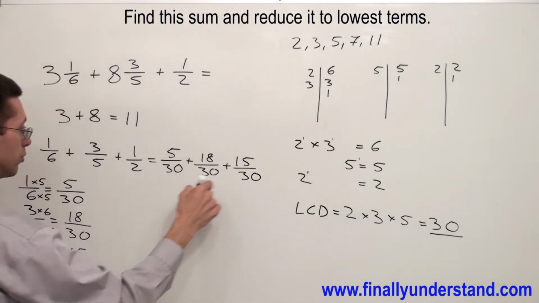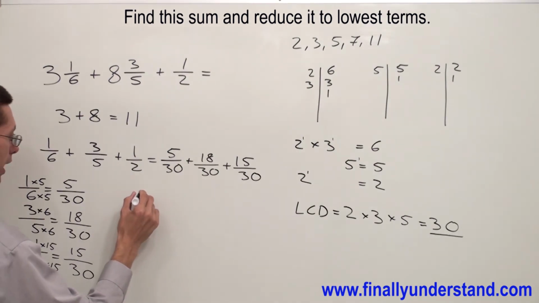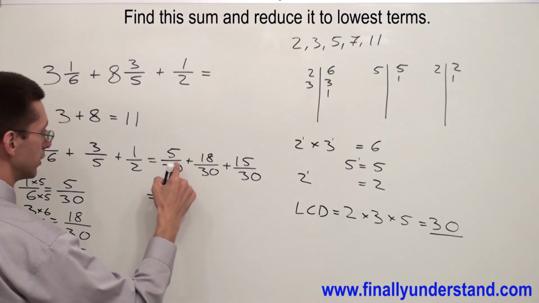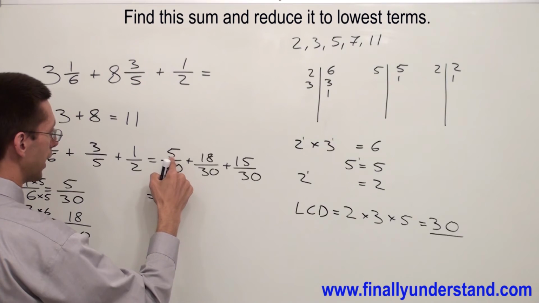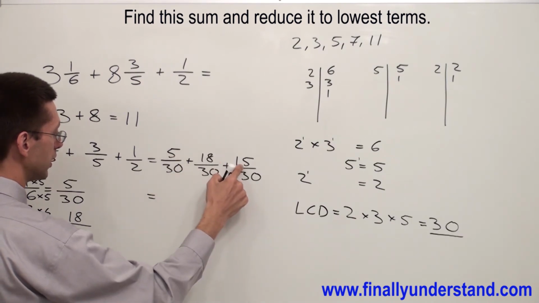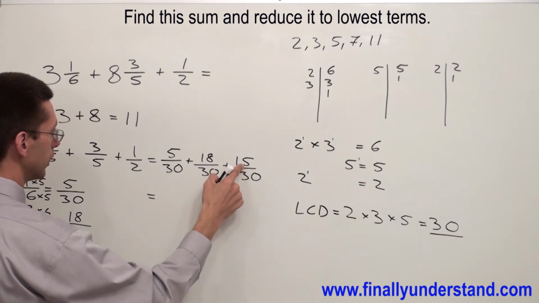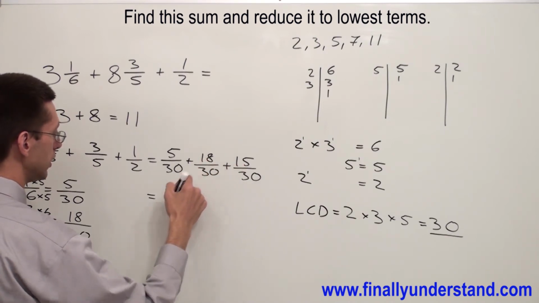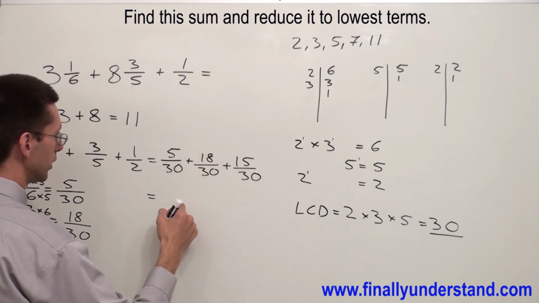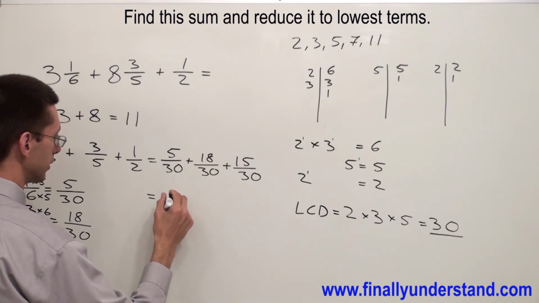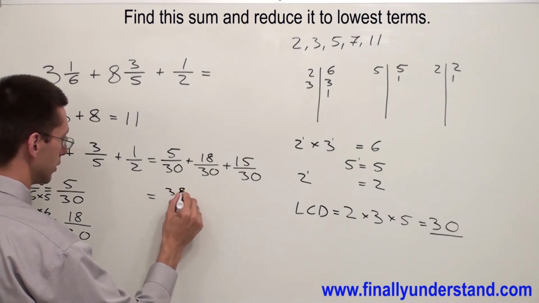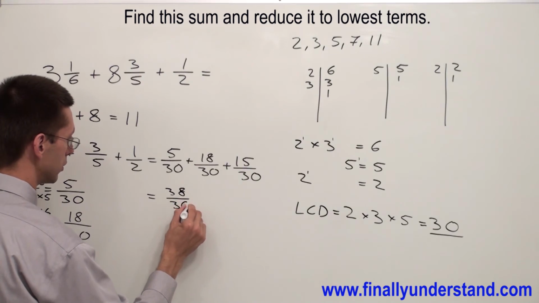I have common denominator, so that's why I can add the numerators. 5 plus 15 gives me 20. 20 plus 18 is going to give me 38. So I have 38 over 30.